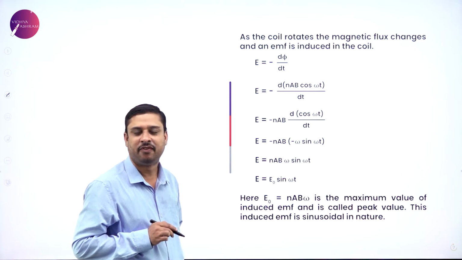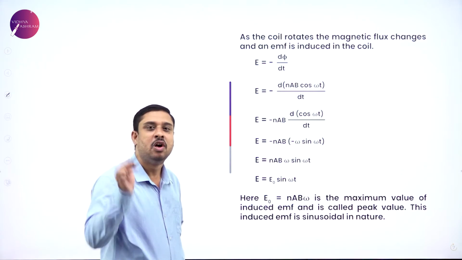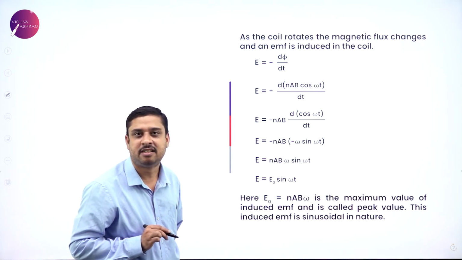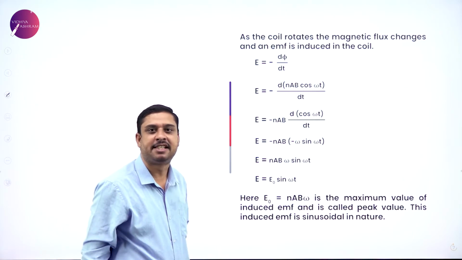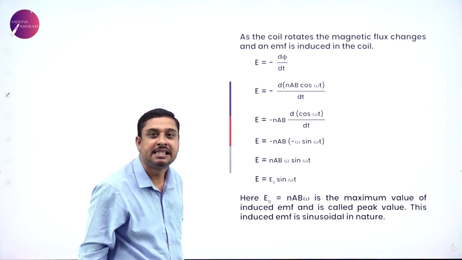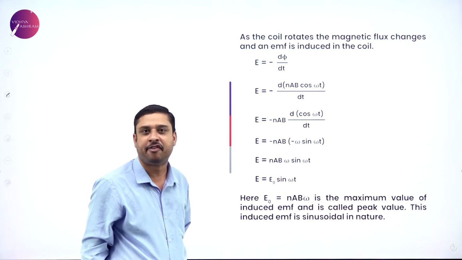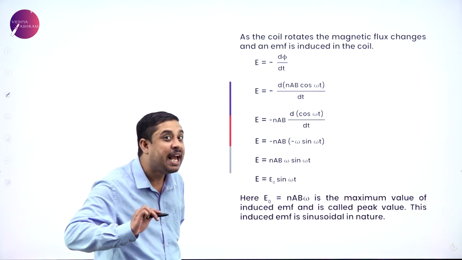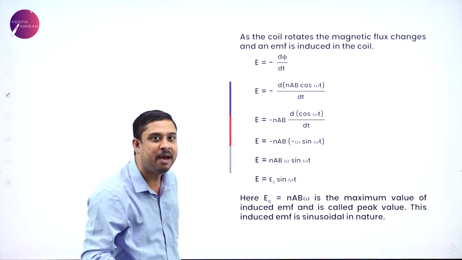Induced EMF. Very good. Rotate the coil, torque is created. Torque changes the magnetic flux, resulting in an induced EMF. How will I find the magnitude of the induced EMF?